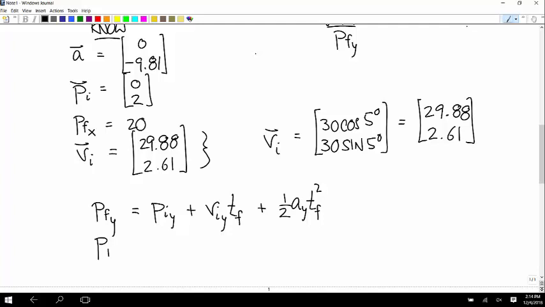And so people wrote that as PFY is equal to 2 plus 2.61 TF minus 4.905 TF squared. And then what I saw a couple times is people would do this and then use the quadratic formula to solve for TF. But you can't use the quadratic formula that way. The quadratic formula only works if you have this polynomial equal to 0. So with PFY unknown, you can't use the quadratic formula here.